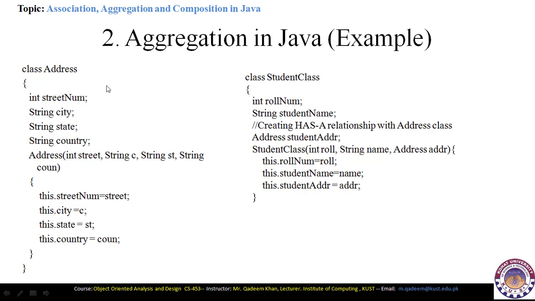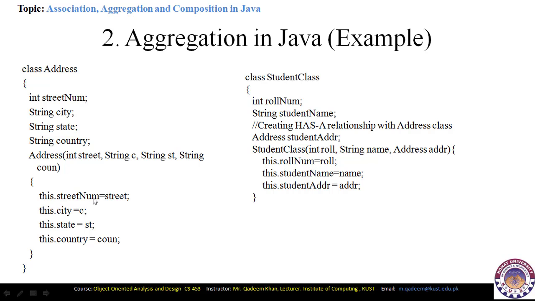Now we will implement this example in Java. Class Address. Address is our class. String street name, string city, string state, string country. And Address is the constructor. It is a parameterized constructor: String street, string c, string st, string count.